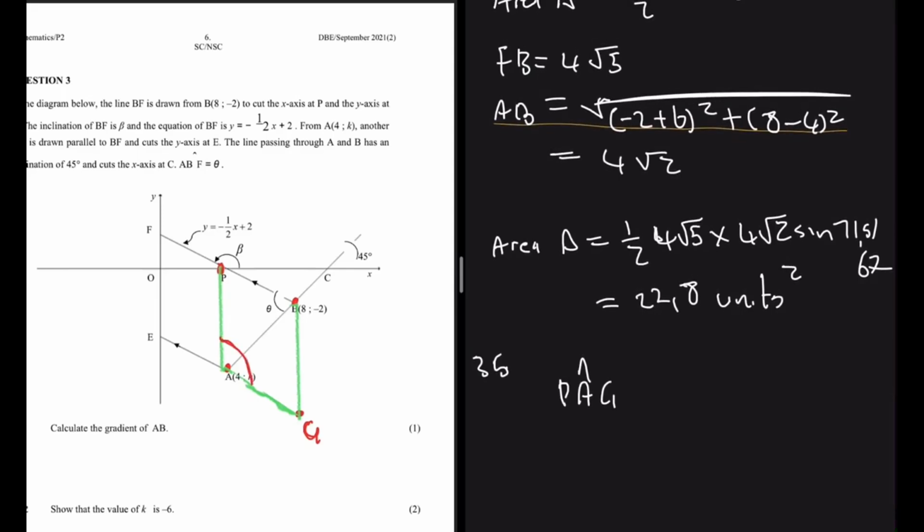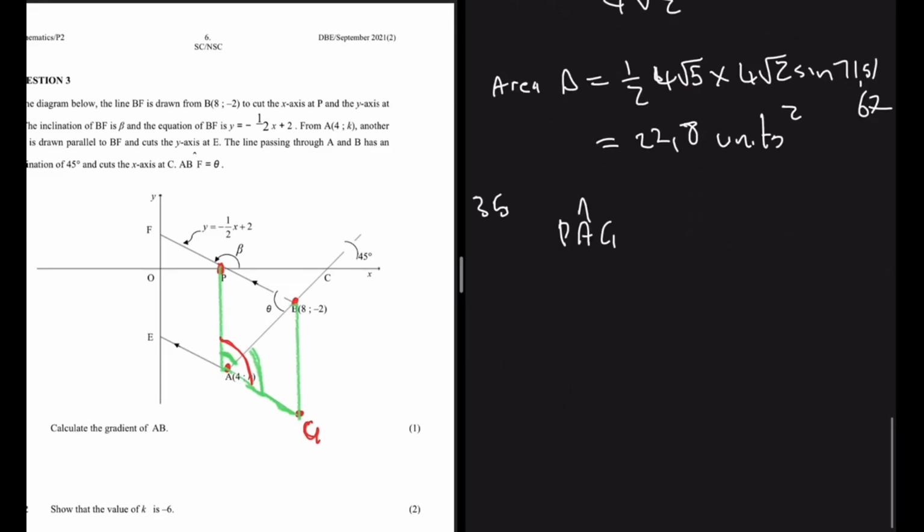And then PAG is made up of BAG, which is this angle here, and PAC or PAB, which is the angle here, right? So if we break that angle into two, we can find it using BAG and PAC. So let's pay our attention to BAG first.